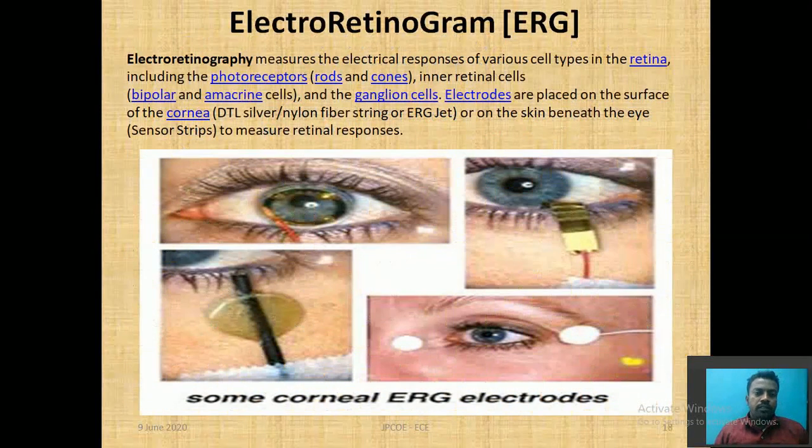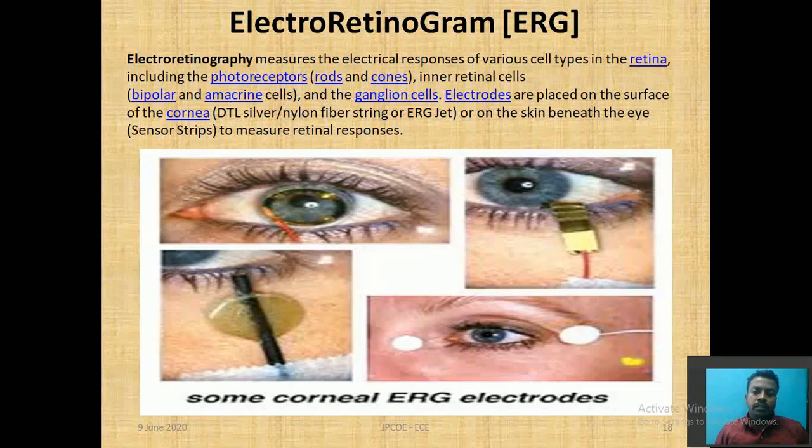The electroretinogram measures the electrical response of various cell types in the human eye. In human eyes we have different cells, the photoreceptors, that is the rods and cones, and similar cells.